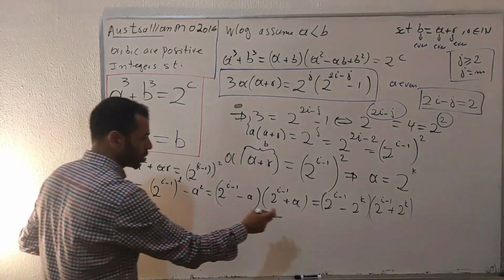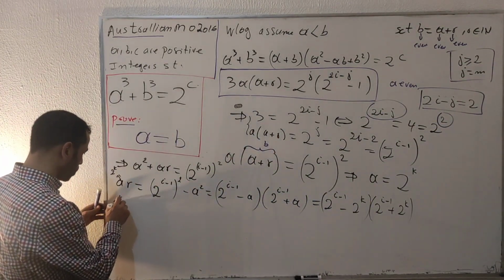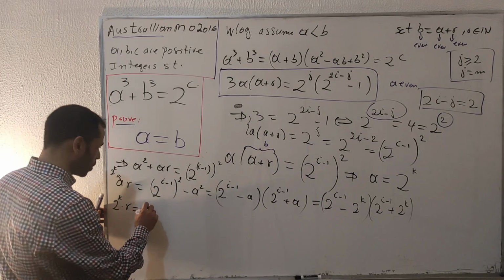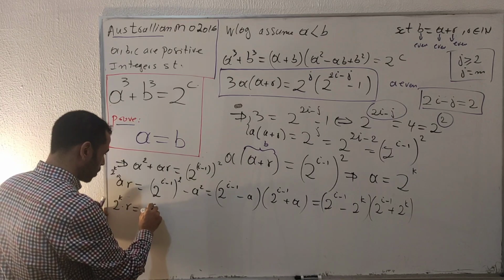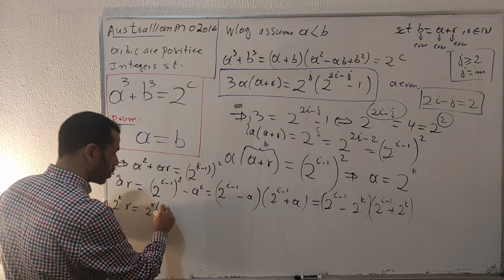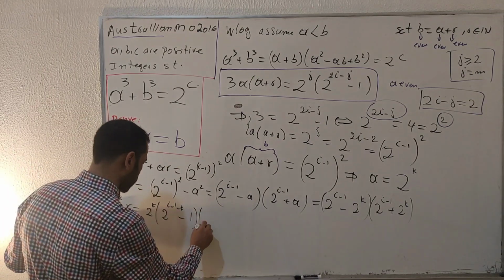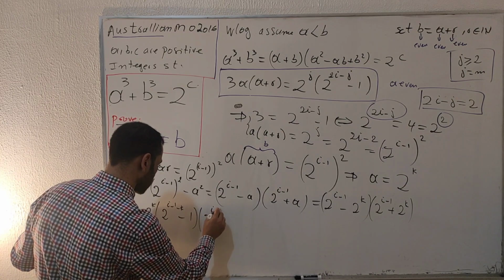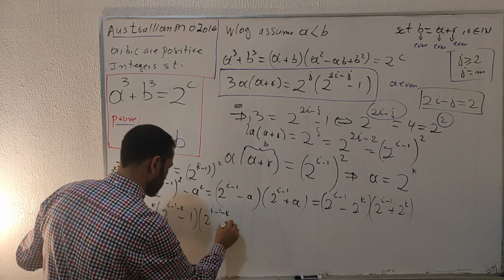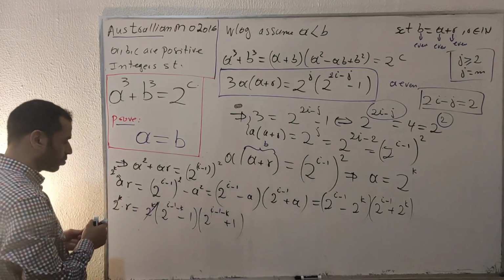Then I'm going to take 2 to the k as a common factor. I get here 2 to the k multiplied by r equals 2 to the k factor 2 to the i minus 1 minus k minus 1, factor 2 to the i minus 1 minus k plus 1. Then 2 to the k cancels out from the left and the right.